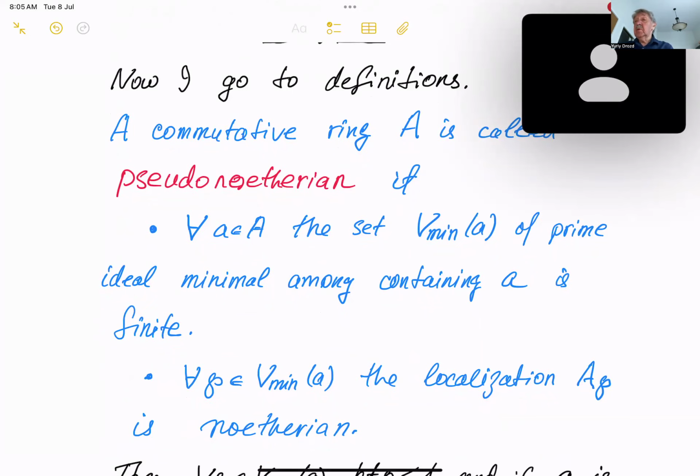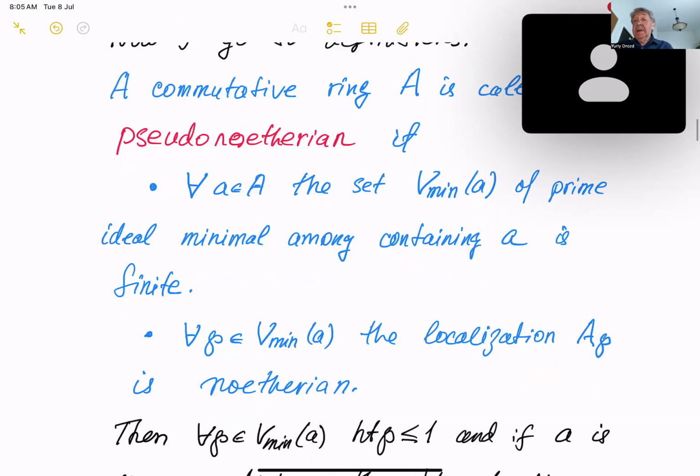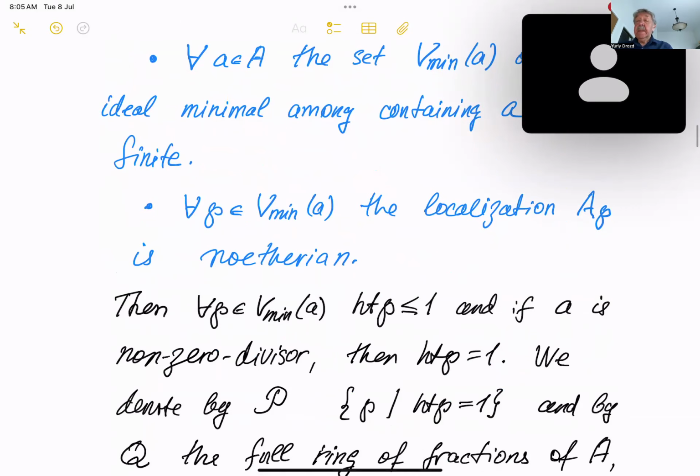For instance, it is always so for Noetherian rings, and also for Krull rings.